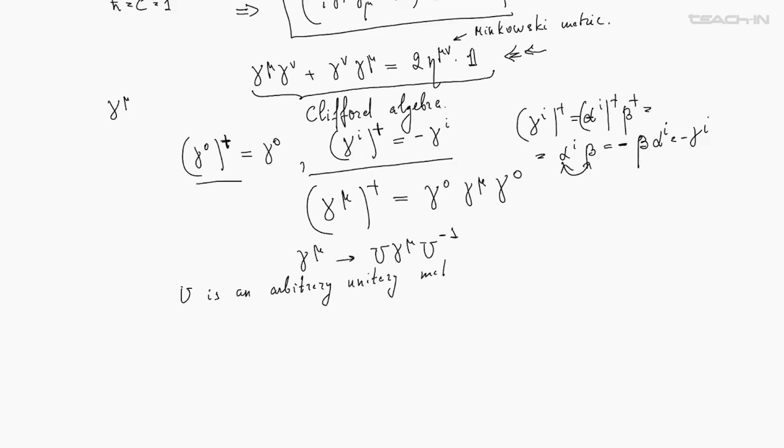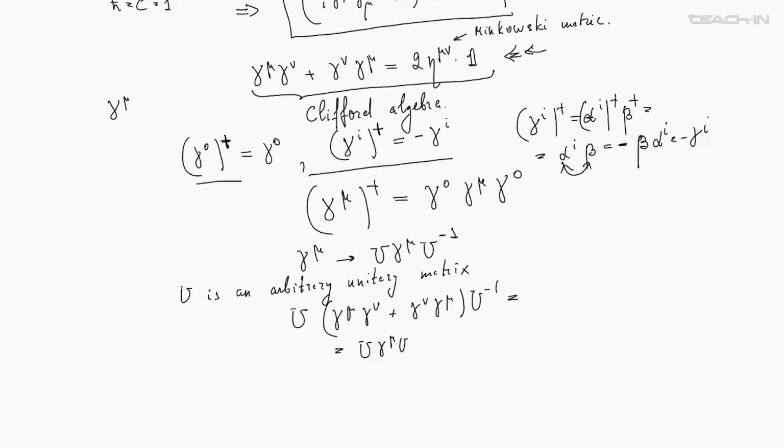Then the new gamma matrices obtained after this transformation will satisfy the same Clifford algebra relations and also the same hermiticity properties. Well, the fact that Clifford algebra relations are satisfied is trivial. So you take gamma mu gamma nu plus gamma nu gamma mu and multiply it from the left by U and by U minus 1 from the right. Then you see that this can be written as U gamma mu U minus 1 U gamma nu U minus 1.